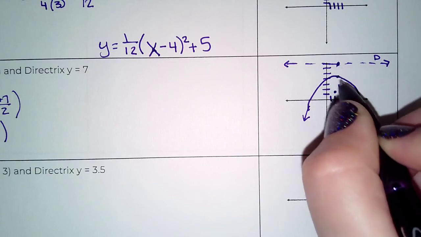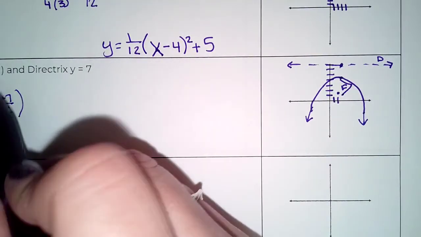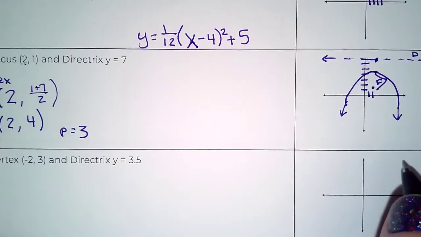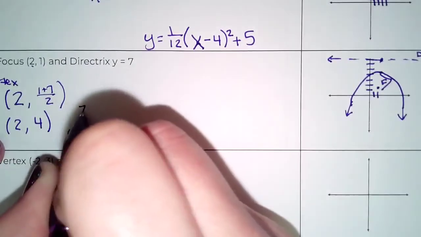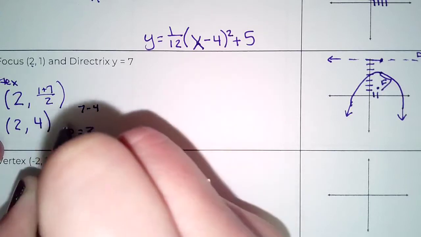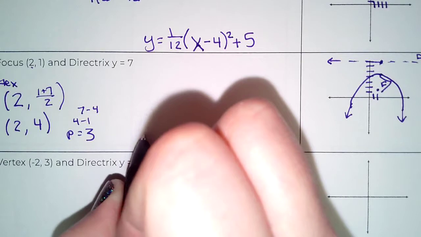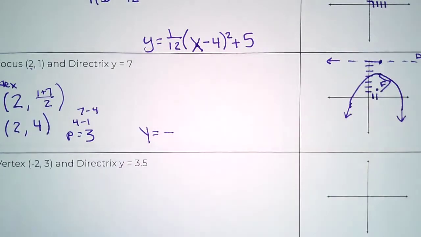Well, how far away are these? From 4 to 1, my period is 3. You could have done 7 minus 4, or 4 minus 1. Either way, you should get a distance of 3. So I know this is opening downwards, so y equals negative some number.